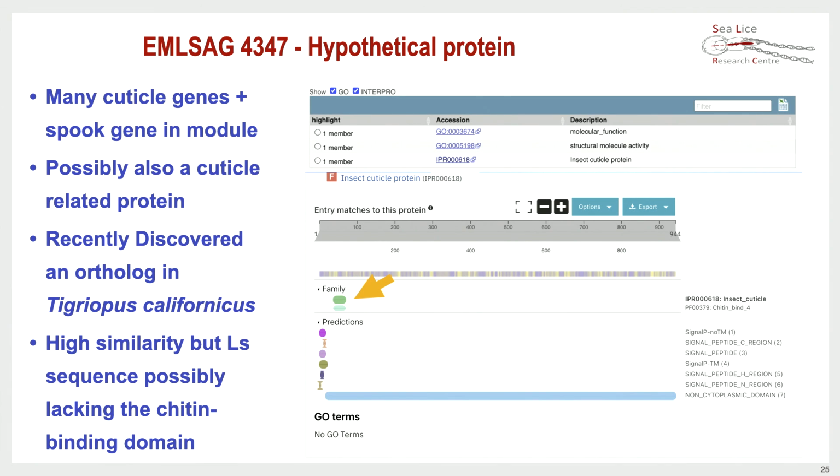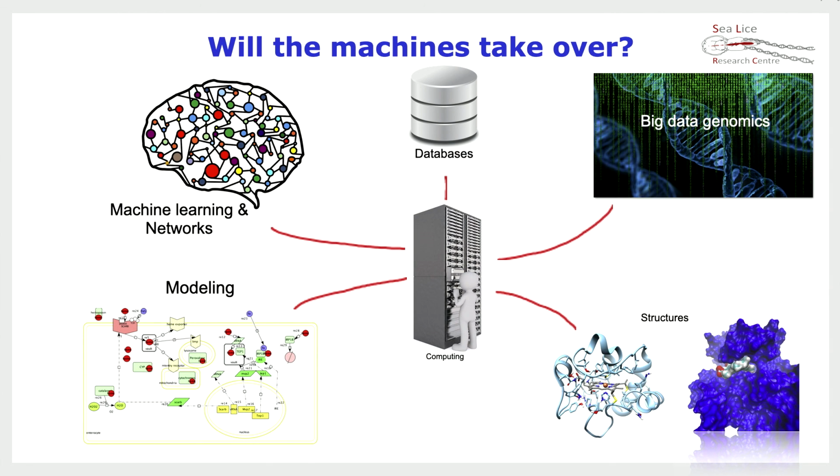Then the second one was a hypothetical protein, right, with the many cuticle-related genes and the spook gene on the module, possibly a cuticle-related protein, and we discovered an ortholog in Tigriopus, which has a chitin binding domain, and this might in fact also be a cuticle-related protein. So we can sort of restitute the annotation.